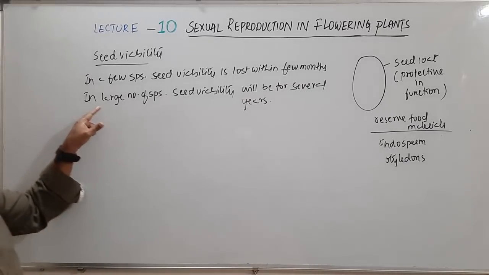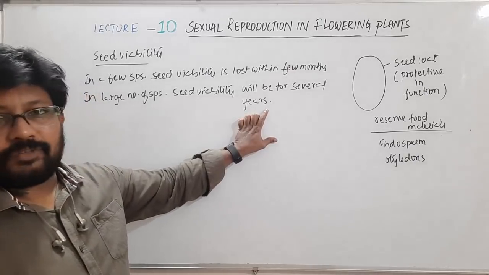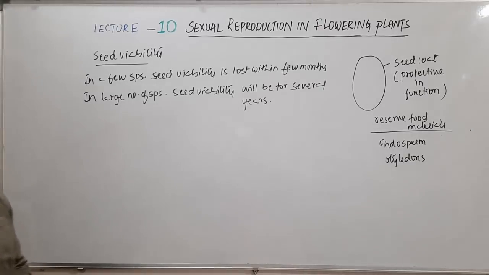Now in this case where I said that the seed viability will be for several years, let's see a few examples where the seed remains active for a very long time.